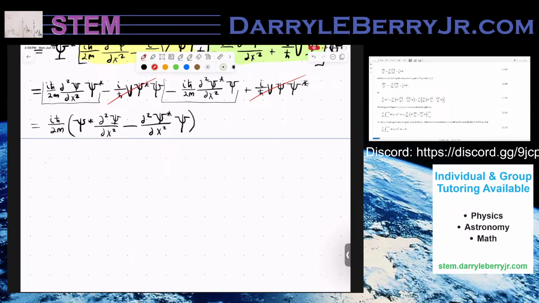This term here: partial derivative squared of psi over partial x squared, minus partial derivative squared of the complex conjugate over partial x squared times psi. So it seems what they're saying is this is the derivative of something. I'm remembering this from the first time I went through this class.